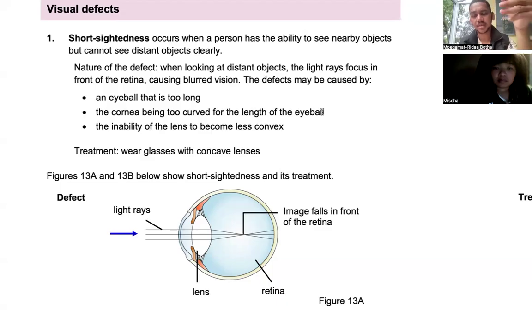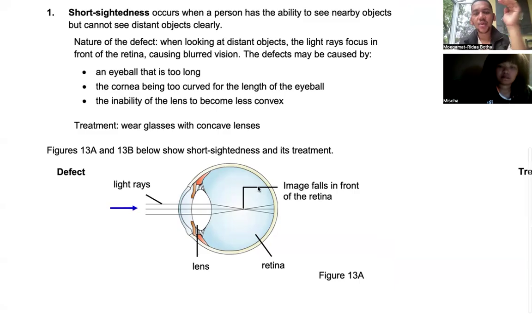These three things cause short-sightedness. That is the mechanism of short-sightedness. Always remember, the image falls in front of the retina. The patient can see near, but cannot see far.